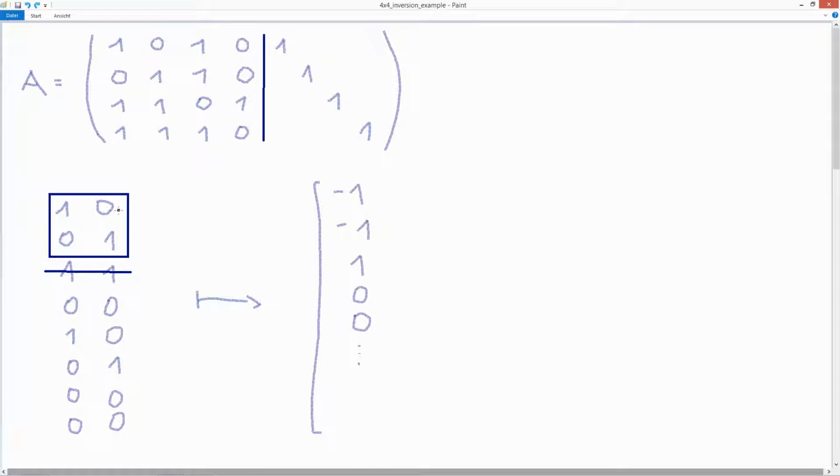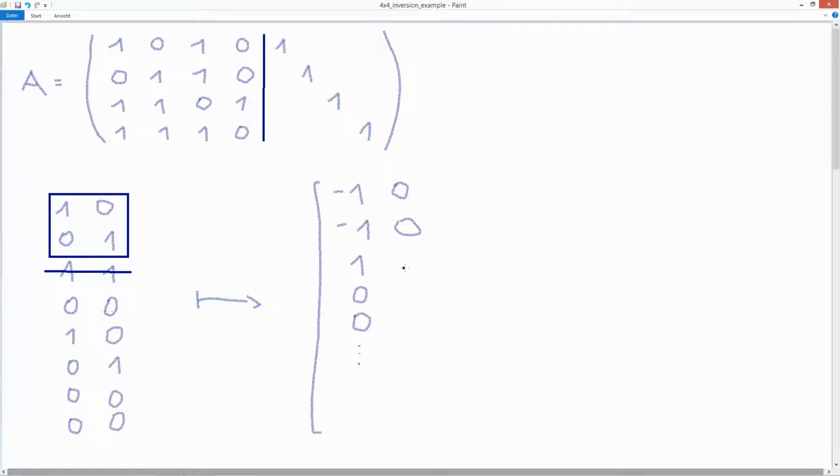So for the first entry of the cross product, we have to calculate 0 times 0 minus 0 times 1, which is 0. For the next entry, we have to ignore this here and calculate 0 times 0 minus 1 times 0, which is 0.